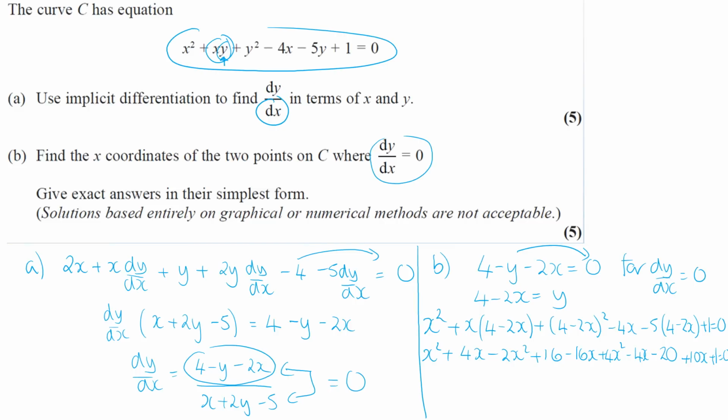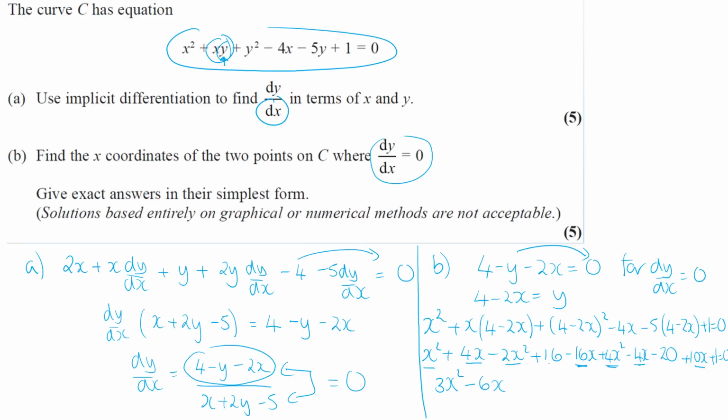Now collecting like terms, we've got 4x squared, down 2 but back up 1, so that will give us 3x squared. In the x's we've got minus 16 and a minus 4 gives us minus 20, back up 10 which is minus 10, and then plus 4, so that will give us minus 6x.